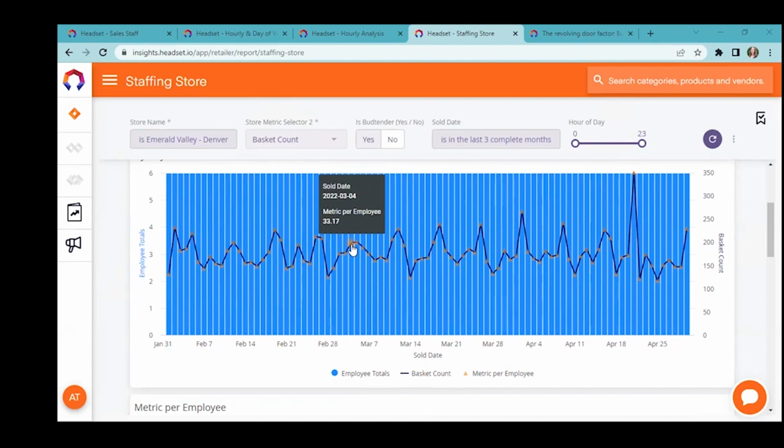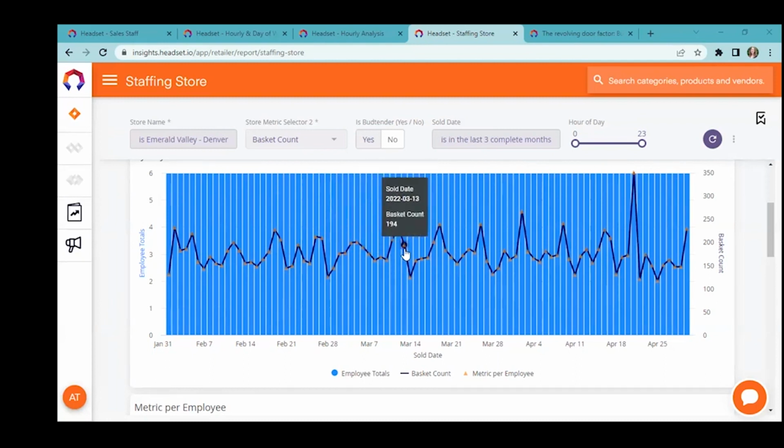So 6 employees on this day. We have a count of 199 baskets on March 4th. That divided by 6 is going to give us this metric. So on average, how many baskets is one employee dealing with per day is essentially what this is breaking it down by.